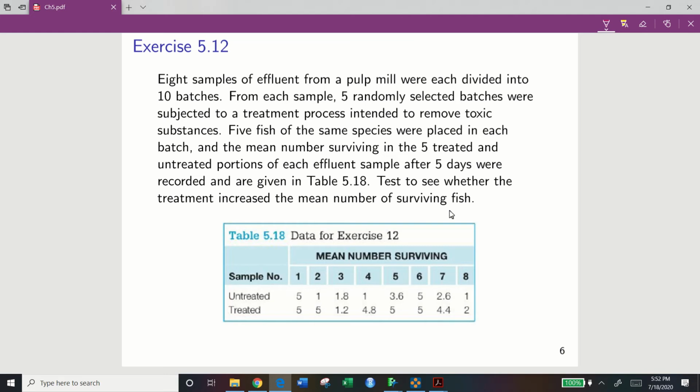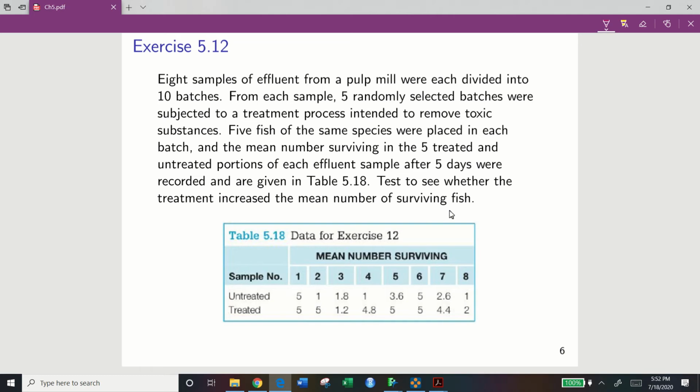So let's do an example, because I feel that theory is great, but sometimes you really need an example to understand what we're really doing. This comes from our book, exercise 5.12. We have 8 samples of effluent from a pulp mill, which were divided into 10 batches.